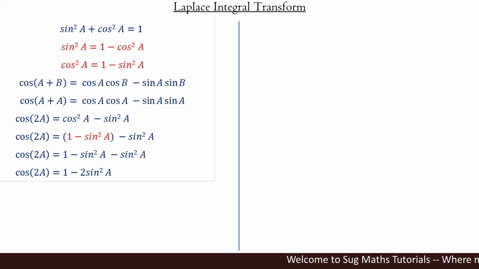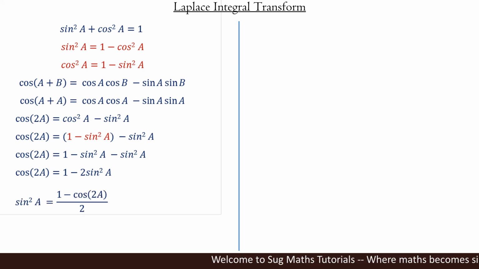Are we together? Now, we are interested in sin squared A. Let's make sin squared A the subject. We are going to take 1 to the other side, which gives us cos 2A minus 1, now divided by minus 2, which is the coefficient of sin squared A. So sin squared A is equal to this minus, now use it to multiply the numerator.